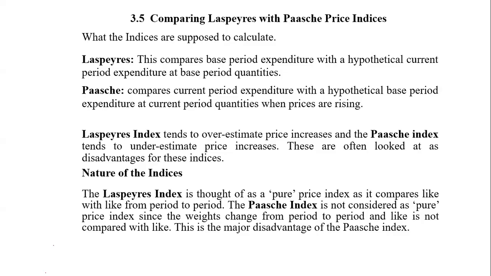Laspeyres and Paasche are French words. These are often looked at as disadvantages for these indices.